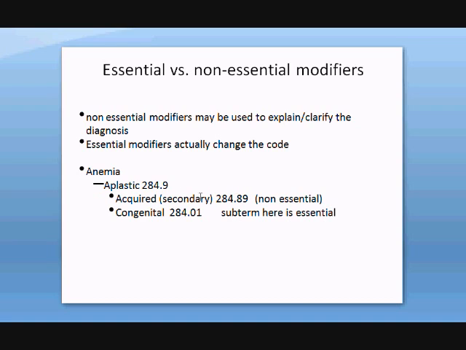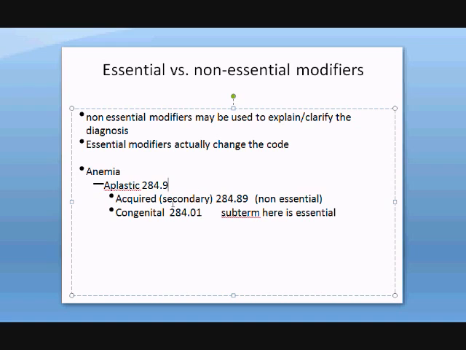The word secondary here is a non-essential term because it's not going to change this, right? And acquired means something that you actually were not born with, all right? So it falls into the term of a secondary, which means the word secondary does not change the term at all. It doesn't change the meaning of acquired aplastic anemia at all, right?